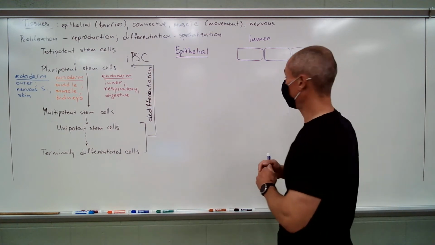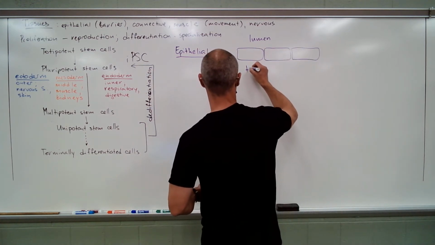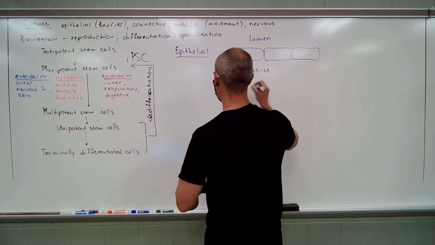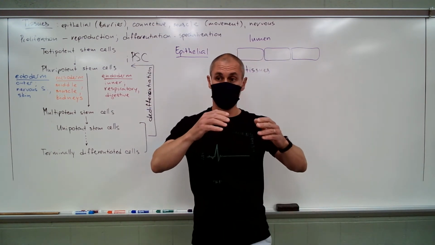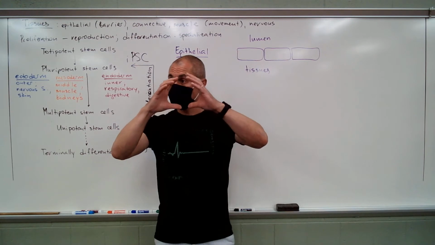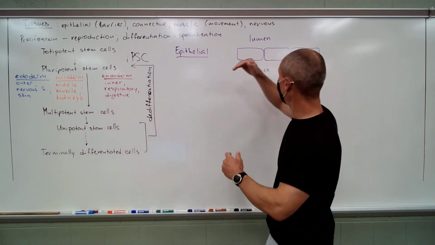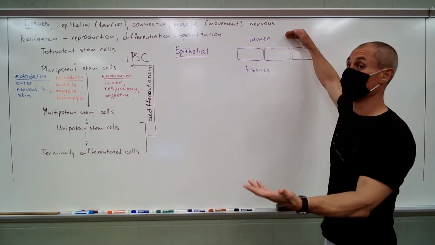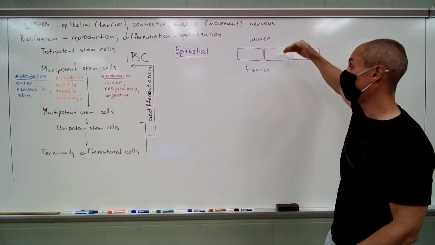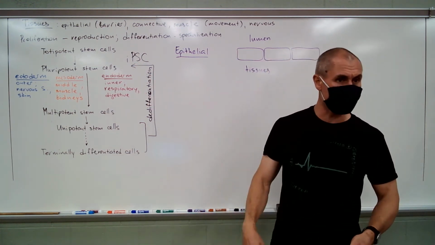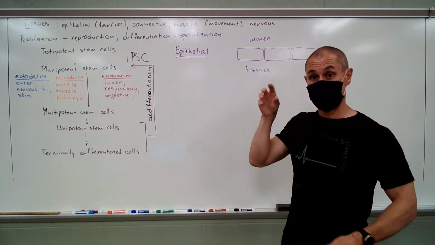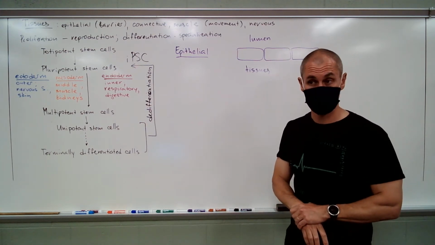On the other side, tissues. Okay, so think about a blood vessel. It's a good example. Inside the lumen of the blood vessel is what? Blood, right? What's on the other side of epithelium? A whole bunch of connective tissues, can be muscle tissues, whatever this blood vessel is going through.